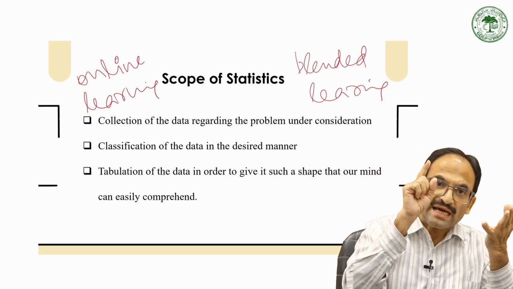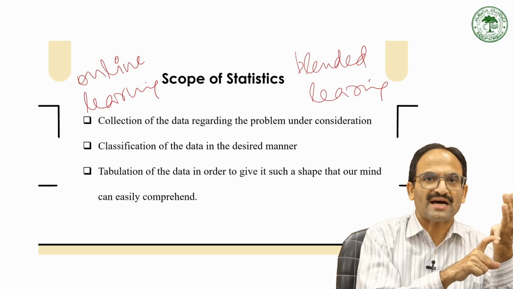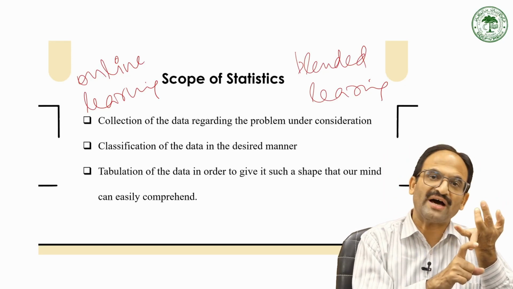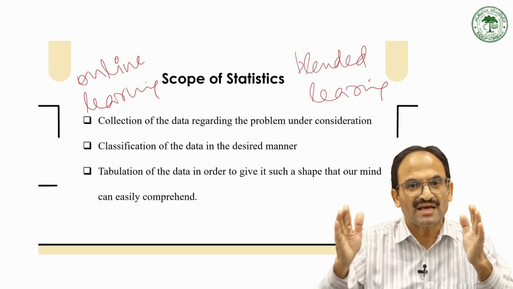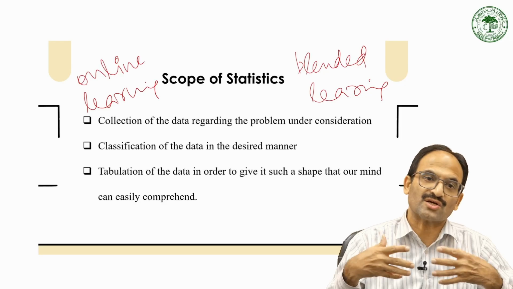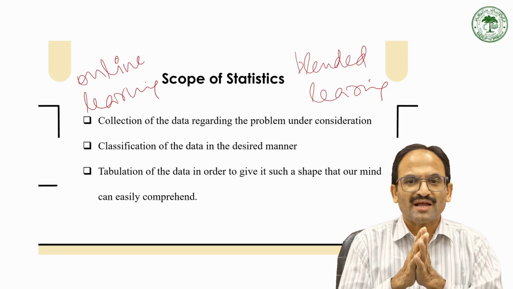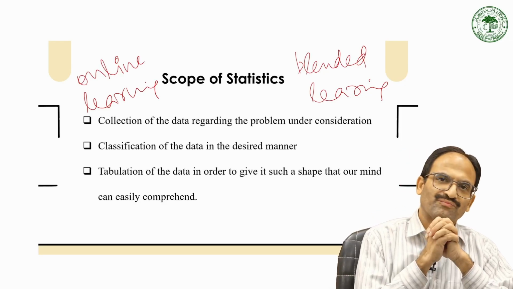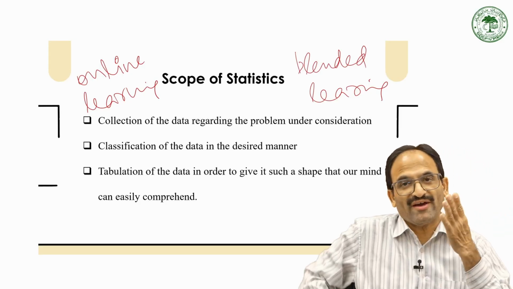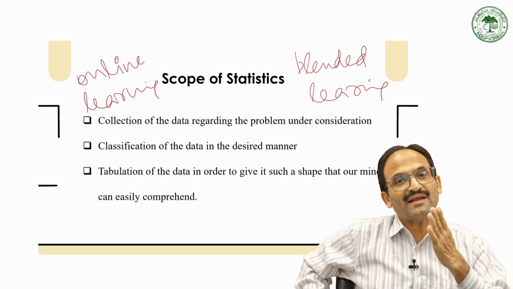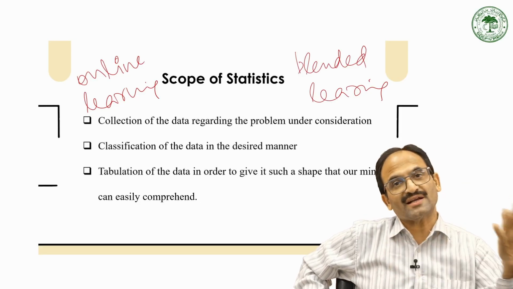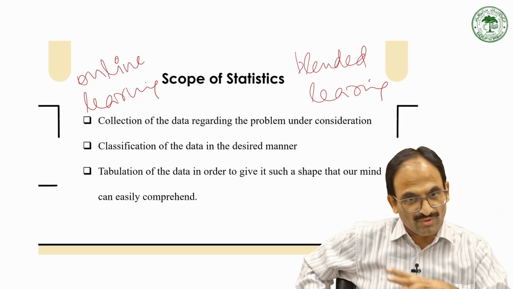So collecting the data is the first scope of statistics, but equally important is classifying that data in various categories as desired or required. Then comes tabulation of the data. I am quite sure in the previous classes it was explained how to collect, organize and tabulate the data.